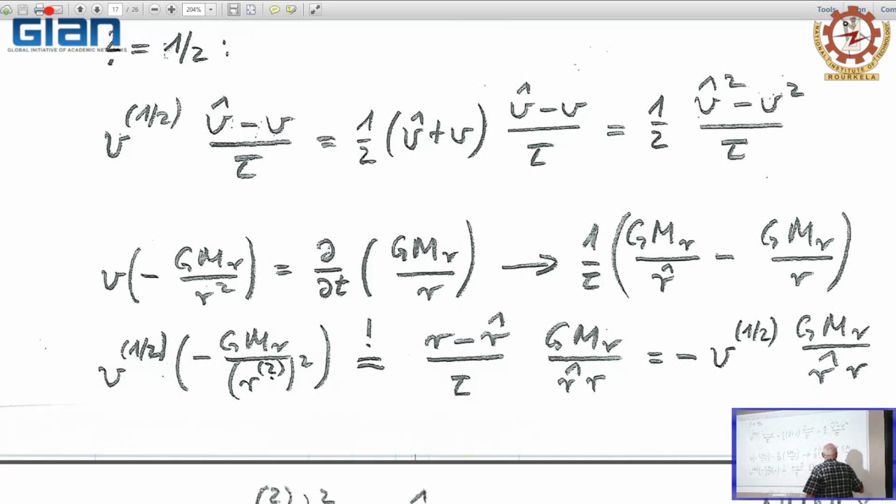This has to be written as GM over (r hat times r). So the r squared has to be replaced by the value of the position vector at the new time times the position vector at the old time.